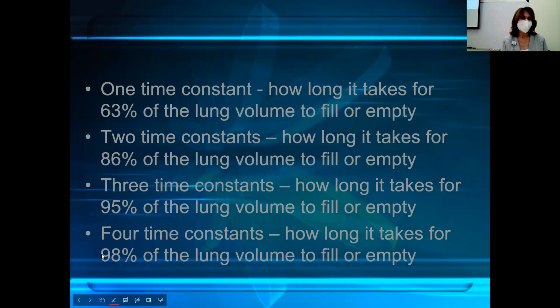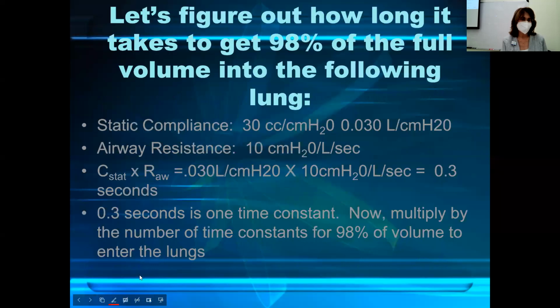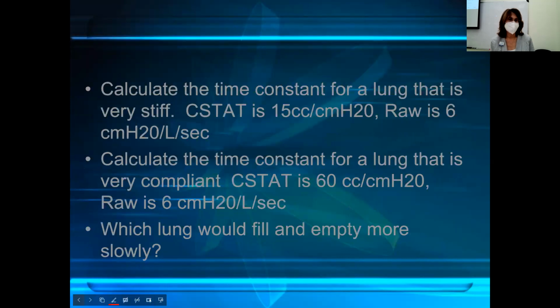So to figure out 98% of the volume of the lungs, times 4. So it would be 0.3 seconds times 4 would give us 1.2 seconds. And is that all it tells us? No. Okay.